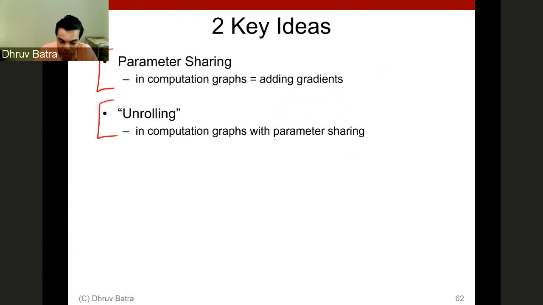The second assumption we're going to make is that we will introduce a notion of unrolling in computational flow graphs with parameter sharing. Unrolling will help us take care of arbitrary time dimensions and not get stuck in loops. Basically, we've always said that directed acyclic graphs can't have cycles, right? That's been rule number one.